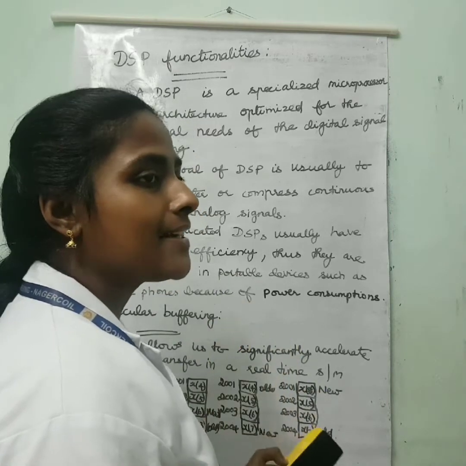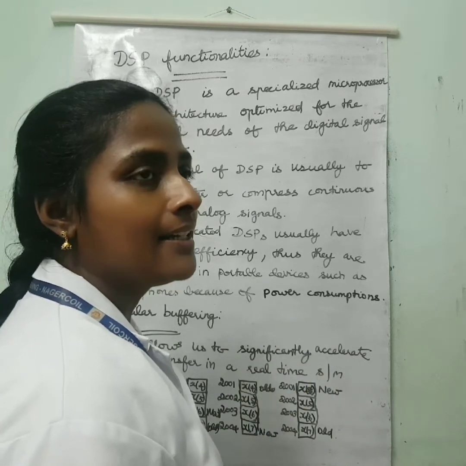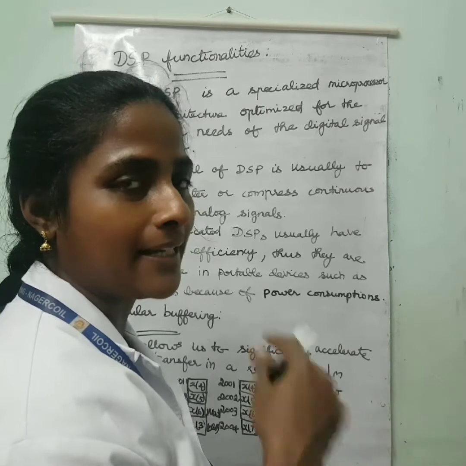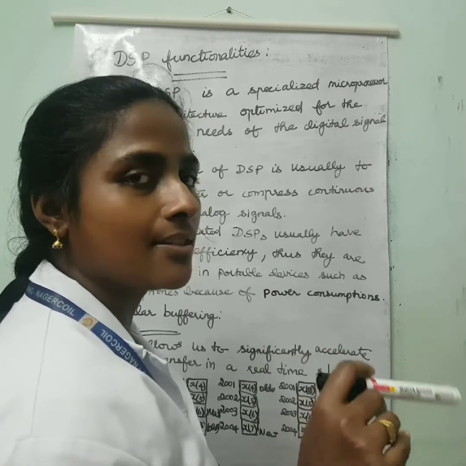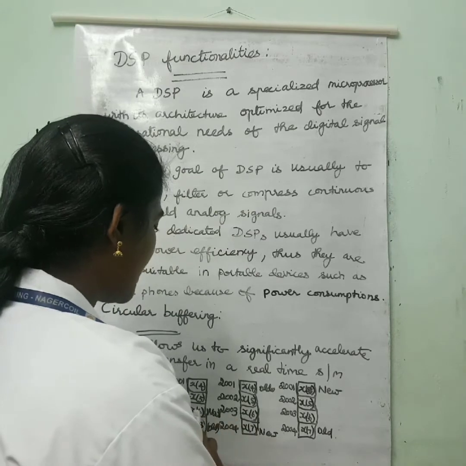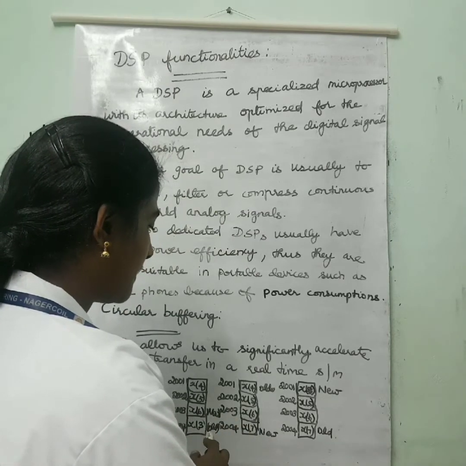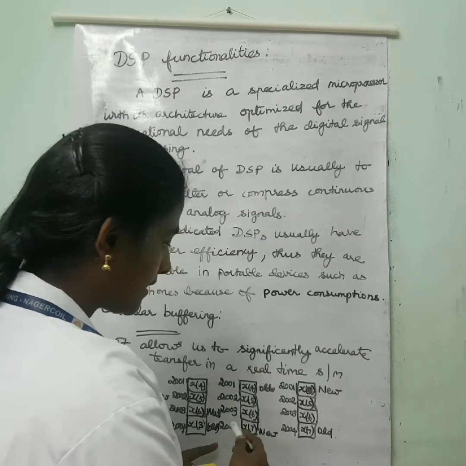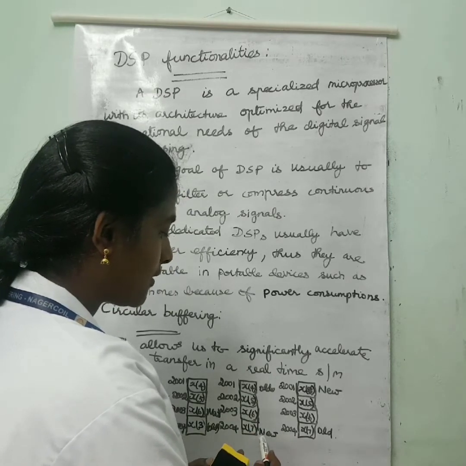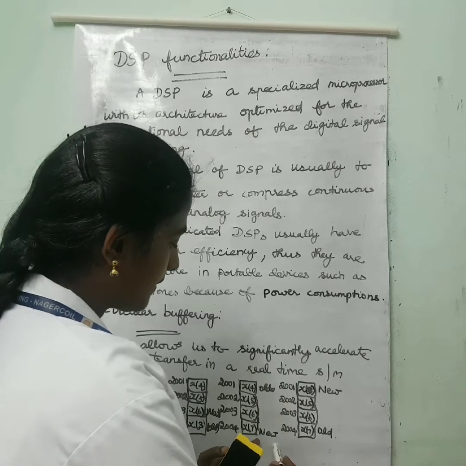If it reaches the end of the buffer, next it goes again to the starting of the buffer. By the next stage, it goes to the starting of the buffer, so x of 6 is the new element. In the next stage, it moves one step forward by memory location 1, so x of 7 is the new element.